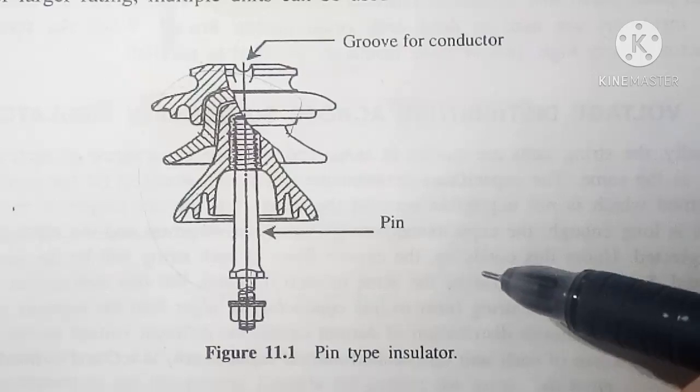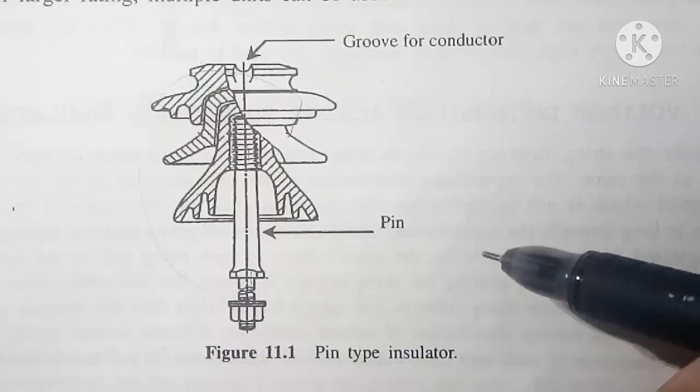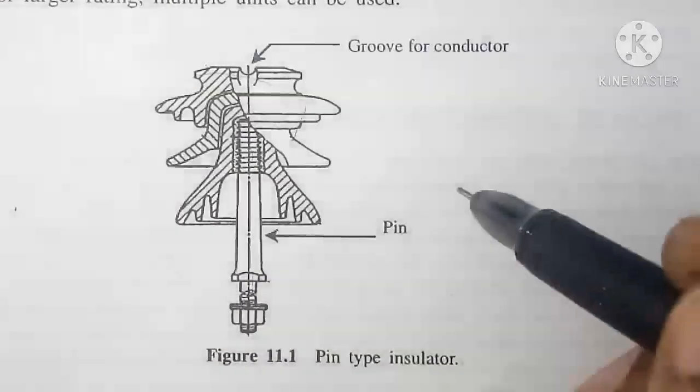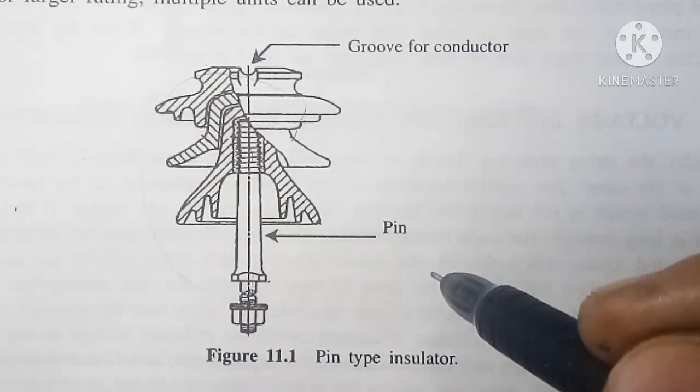For 11 kV and 33 kV lines, pin type of insulators are used. The maximum rating of pin insulator of single unit is 50 kV. However, for larger rating, multiple units can be used, but the cost becomes more. I advise all the students to practice this diagram.